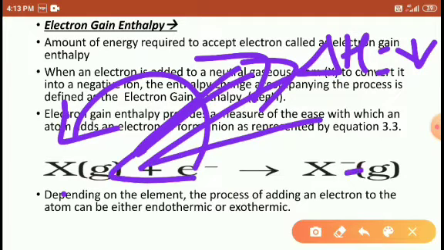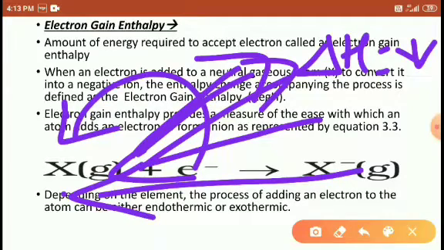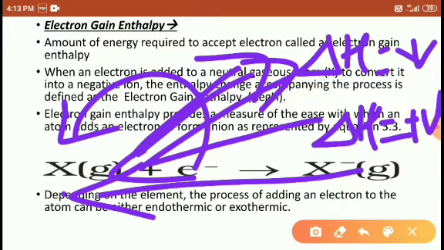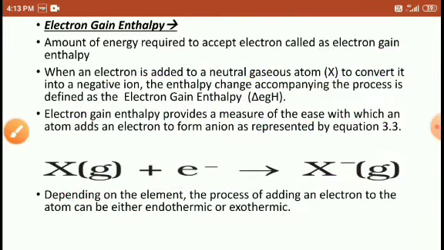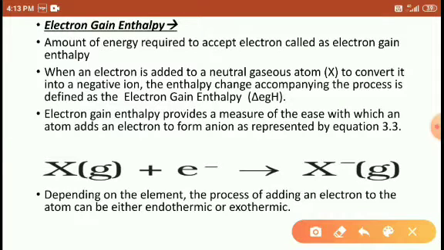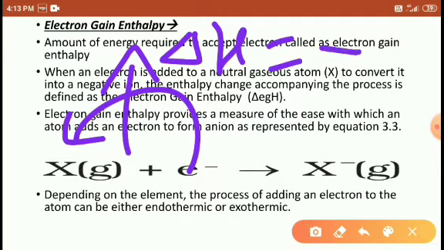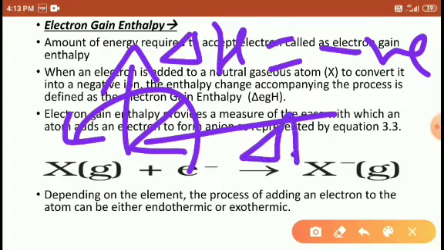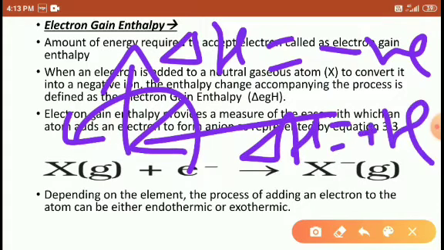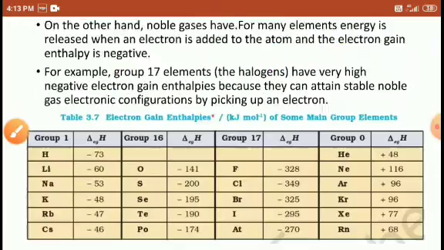If it absorbs heat, then delta H is positive. Right, students? So when an electron is added to the species and it liberates heat, delta H is negative. If it absorbs heat, delta H is positive. Right, students?